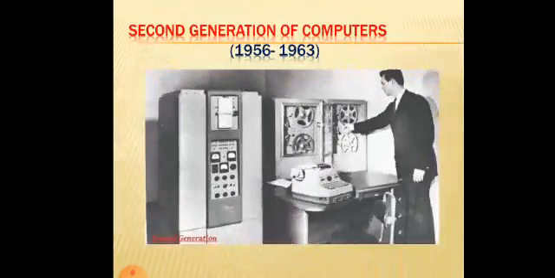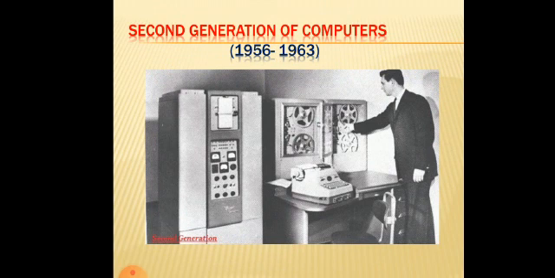Now let us move to the second generation of computers. The computers which were used between 1956 and 1963 belong to this generation. Compared to the first generation, the size of the computer is reduced.